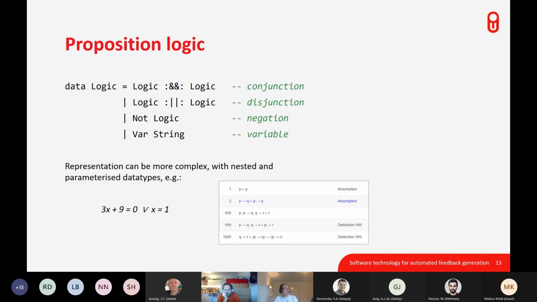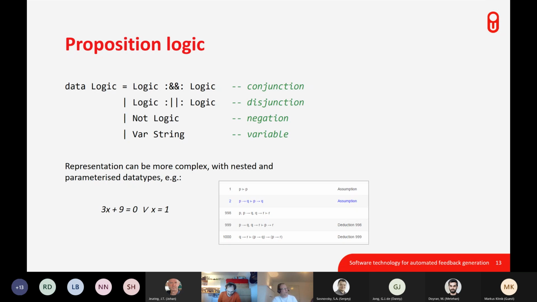So for instance, if I look at a typical expression that you would have in secondary school or high school mathematics, you would perhaps have equations such as 3 times x plus 9 equals 0 or x equals 1. So there you can see that I have expressions, I have equations, and I also have a logical connector, in this case, a disjunction.